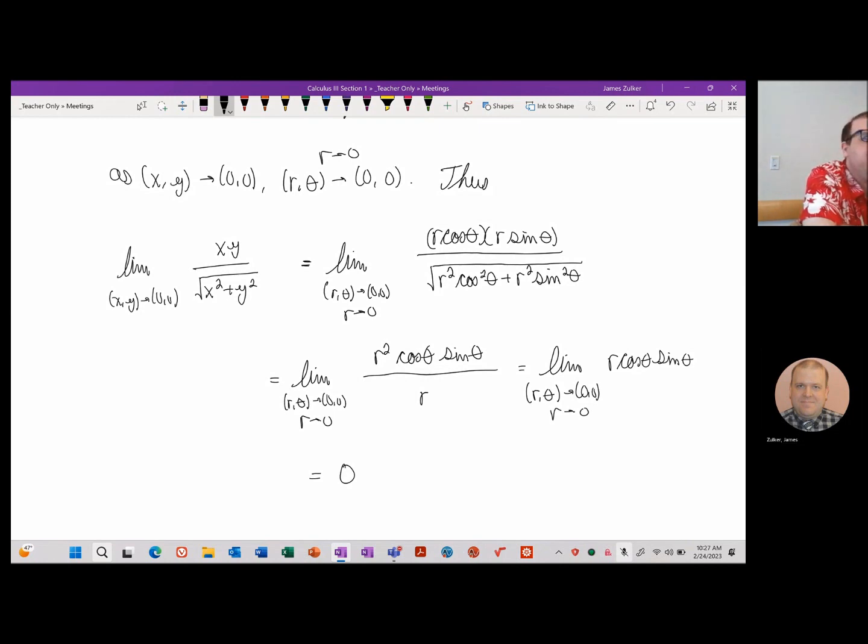Convert to polar, now you get a function strictly of r, so L'Hopital's would apply. But do not forget the squeeze theorem. Squeeze theorem is also extremely useful. It's also the technique that's most often forgotten. Everyone always forgets about squeeze theorem.